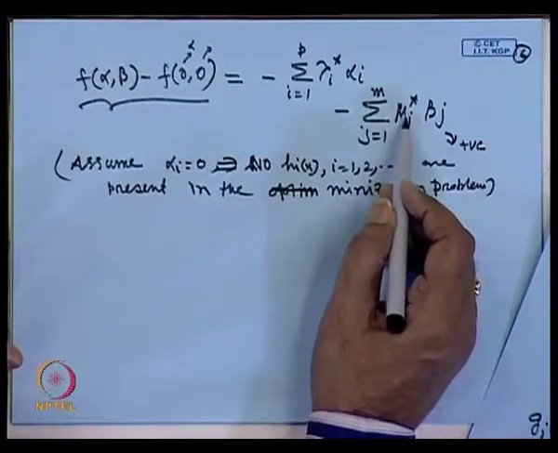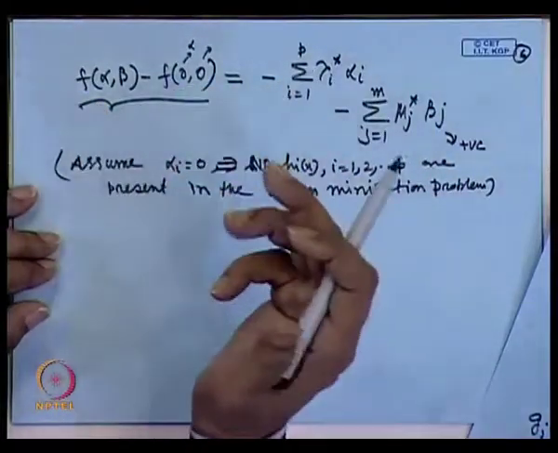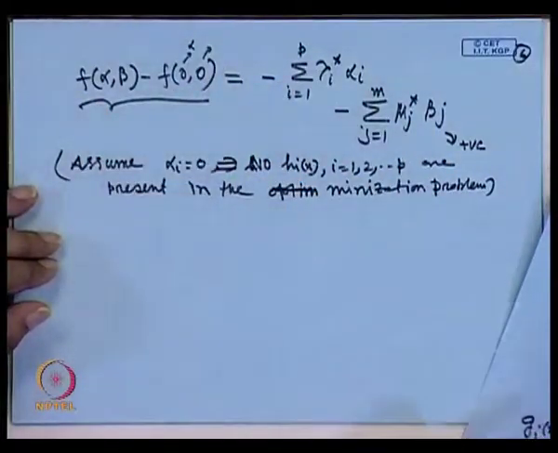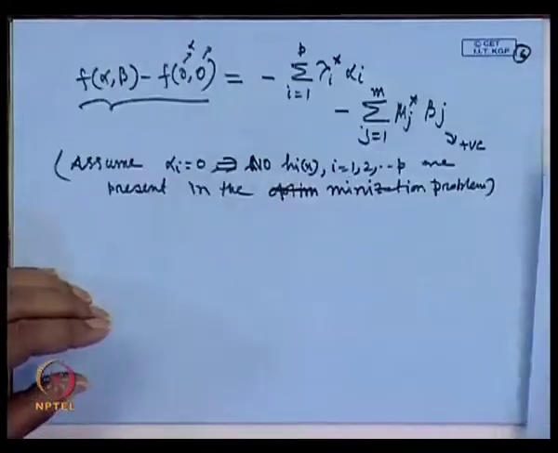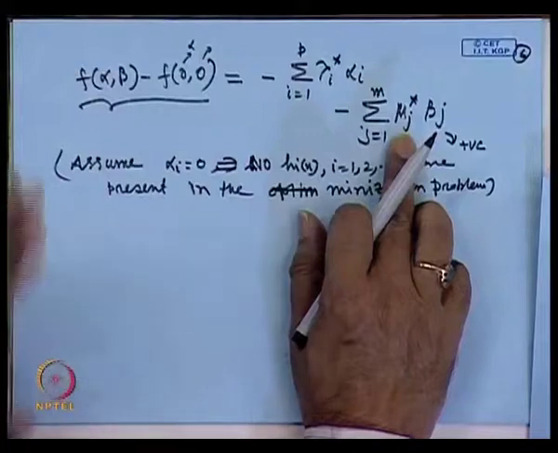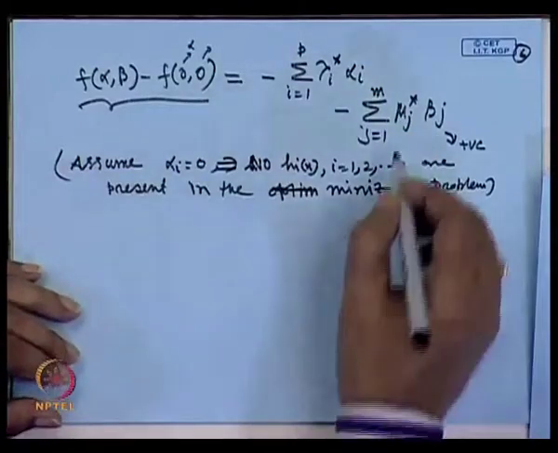So it contradicts our relaxed condition, and it cannot happen. So the mu value must be a positive quantity, agree? So the mu value must be positive.